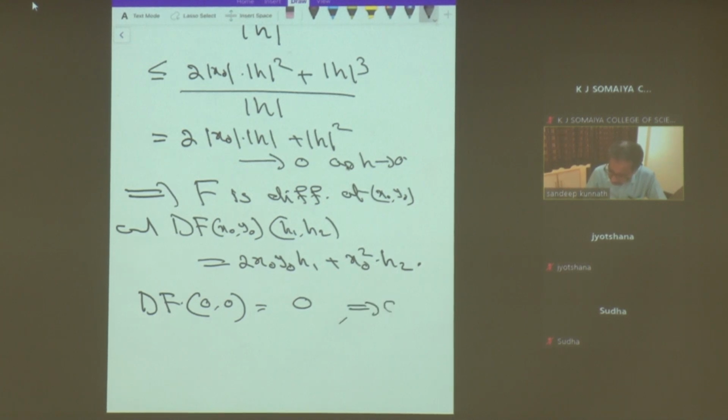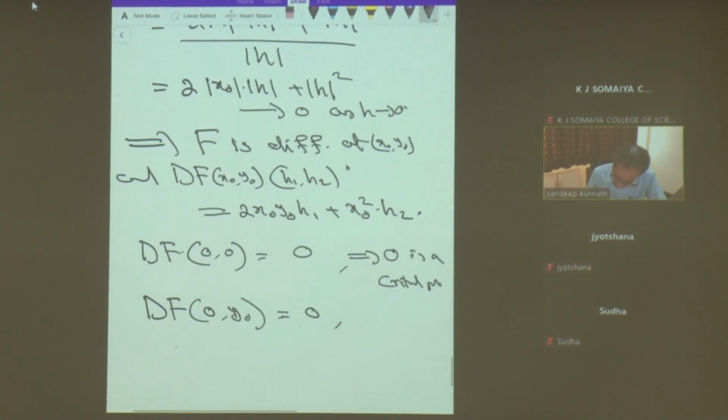This implies that 0 is a critical point. Not only that, I can take any point, something like df at (0, 1) or (0, y naught). Here x naught is 0, so again this is going to be 0. That implies these are all critical points; (0, y naught) is a critical point.